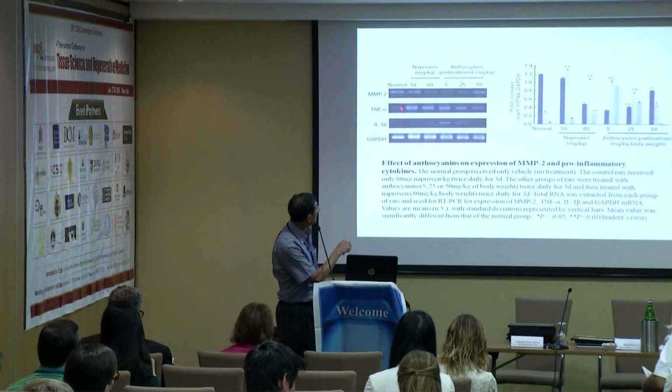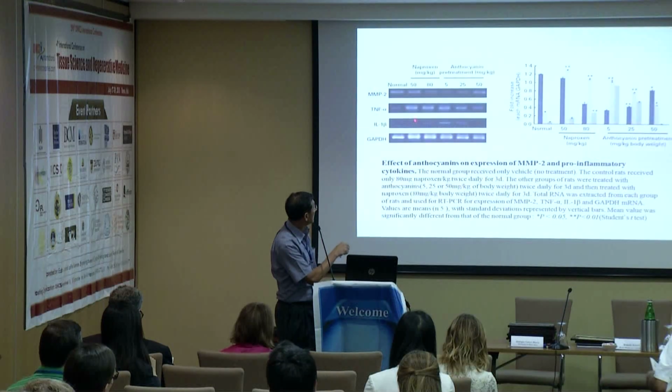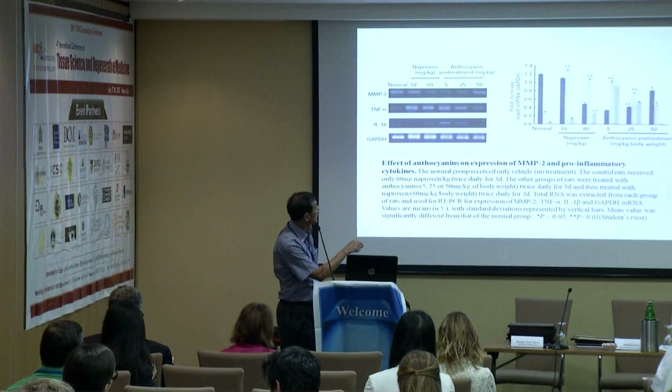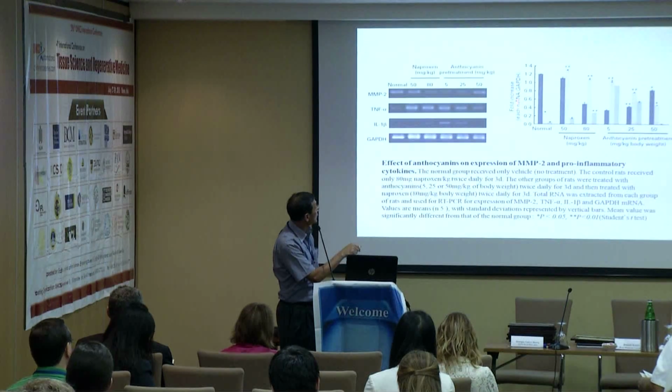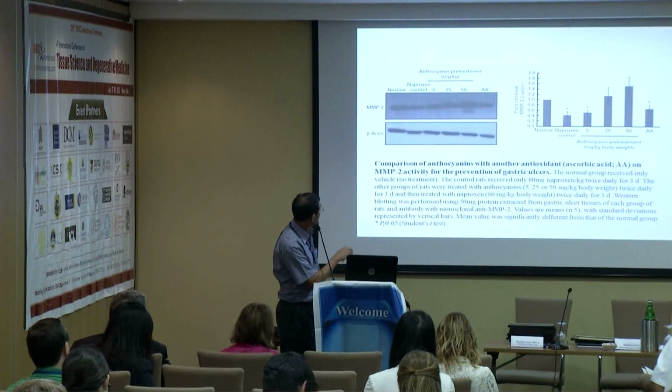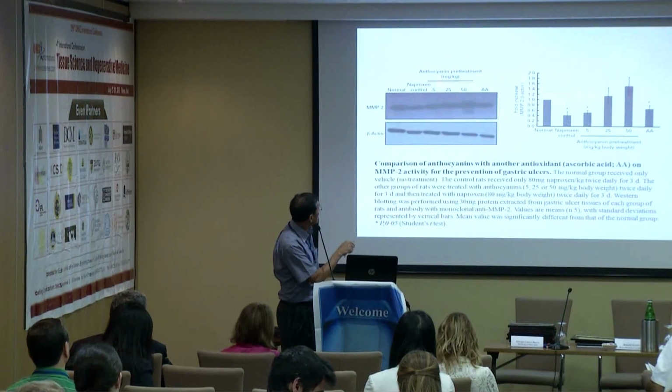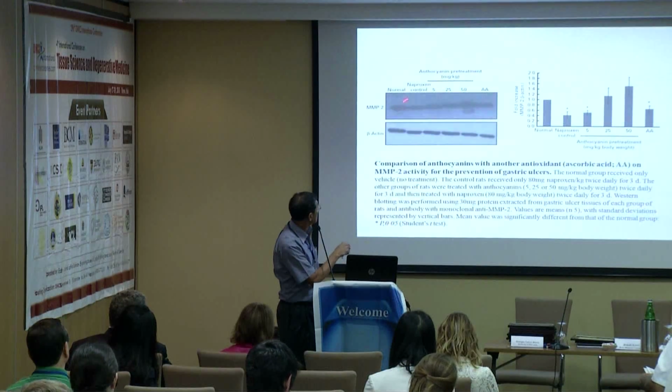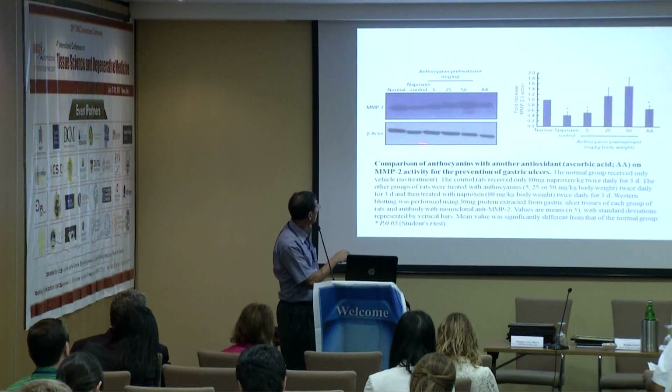Another factor, TNF-alpha and interleukin 1 beta, also increases MMP2. The messenger RNA level is increased too. We used anthocyanin treatment compared to the control.